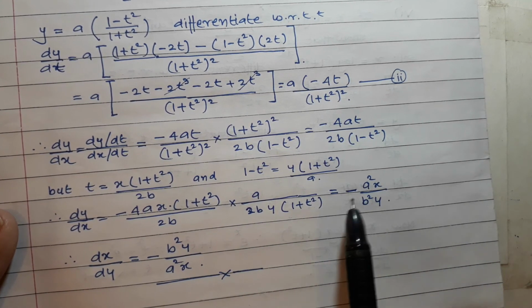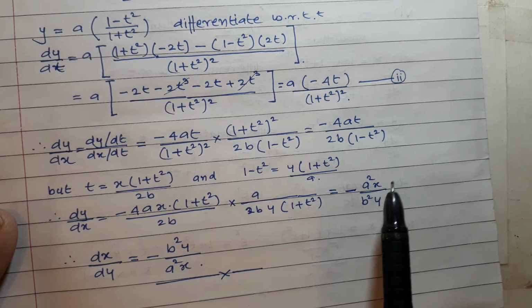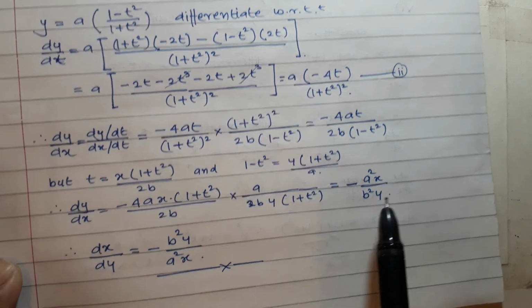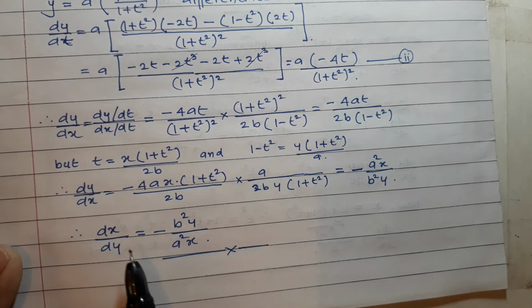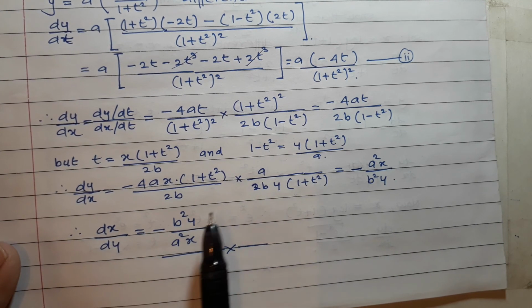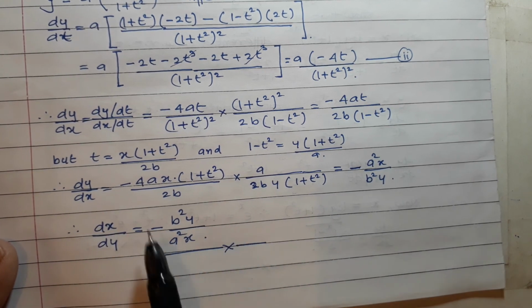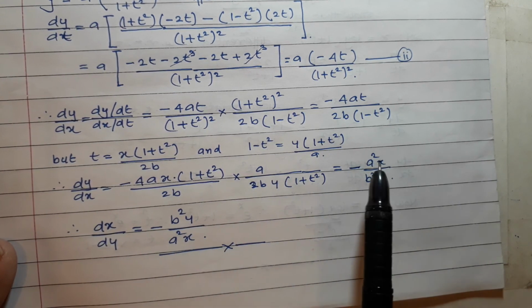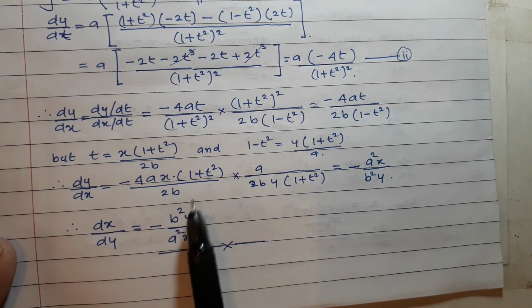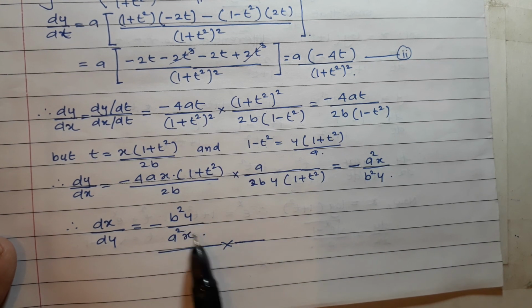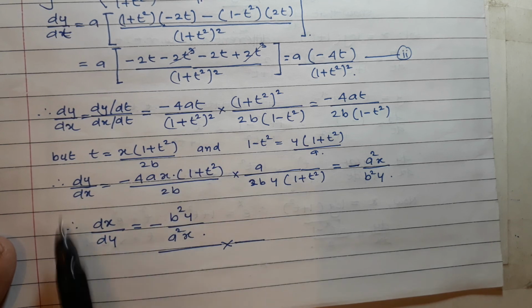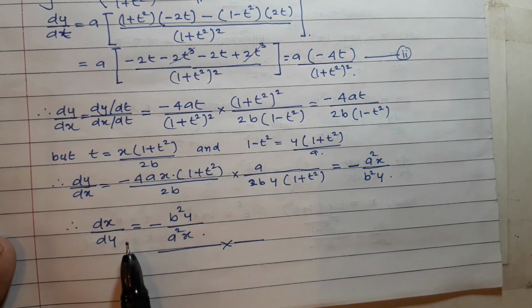So this is equal to a square x upon b square y, and this is dy/dx. Therefore dx/dy is equal to the reciprocal of this, minus b square y upon a square x. So I first find dy/dx and then I find dx/dy by simply taking the reciprocal.